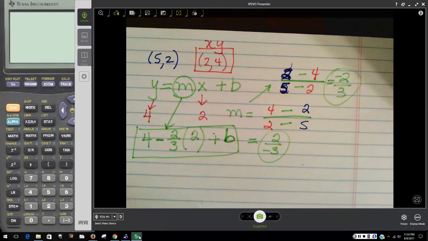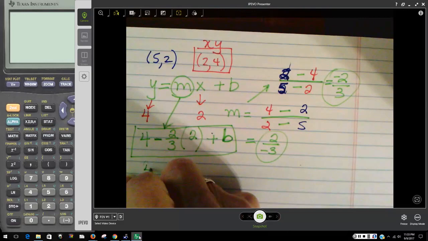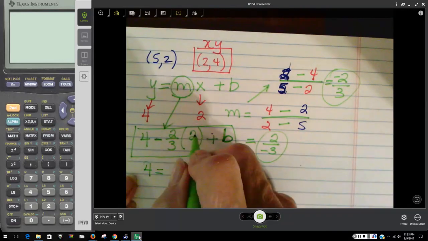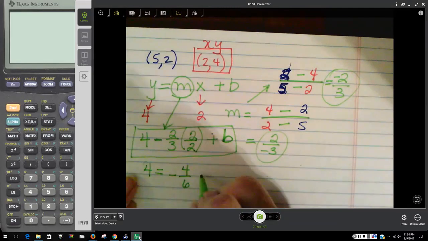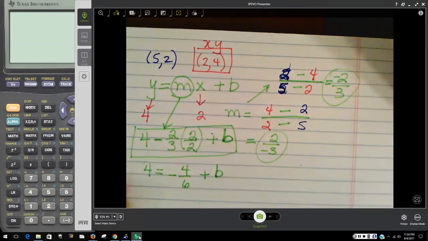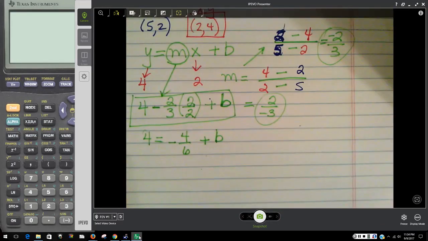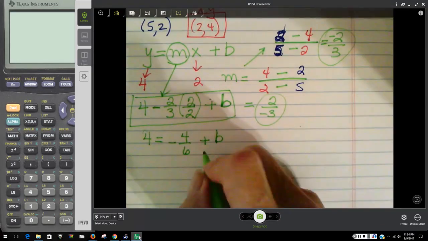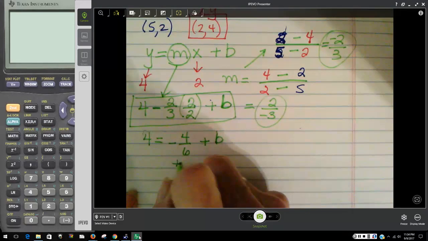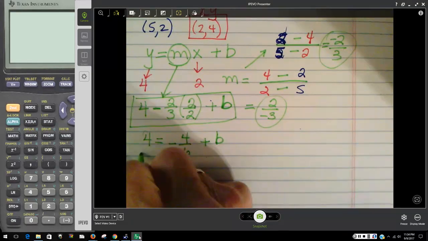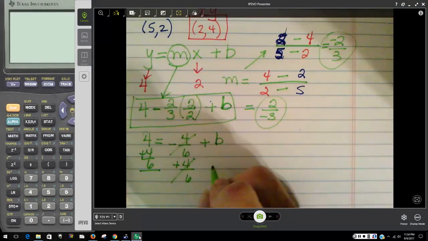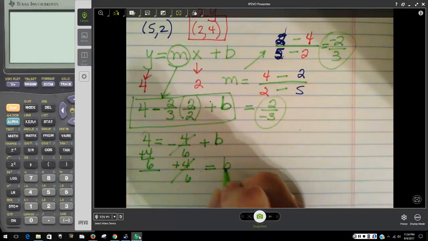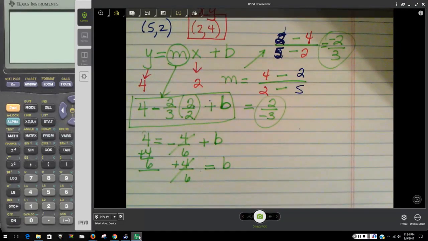In order to find b, it's a little bit of simple algebra, a little arithmetic. 4 equals negative 2/3 times 2 over 1, which is negative 4 over 6, plus b. And no, I did not simplify that fraction. That's just fine. In order to solve for b, I need to add 4 over 6 to both sides, which will get rid of it and leave me with just b by itself on the right hand side.